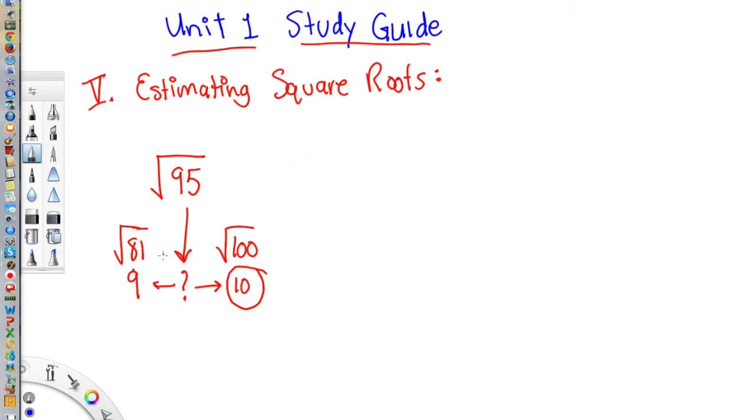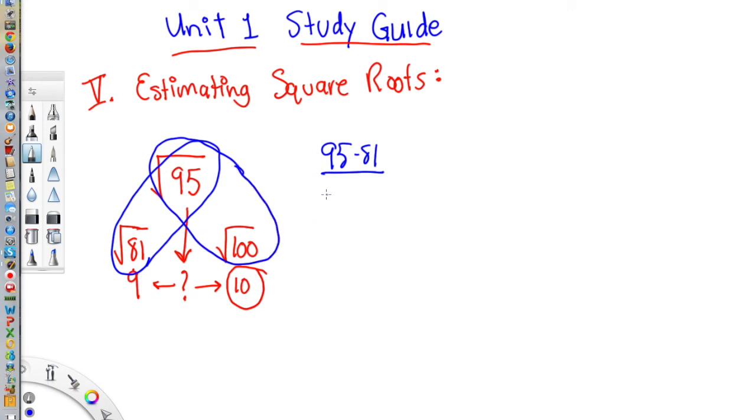What I want to do is take the difference of these two numbers, which would be 95 minus 81, and divide that by the difference of these two numbers, which would be 100 minus 95. Now this is the way we would normally do it, but the problem is when we have 95 minus 81, we get a difference of 14, and here we get a difference of 5.